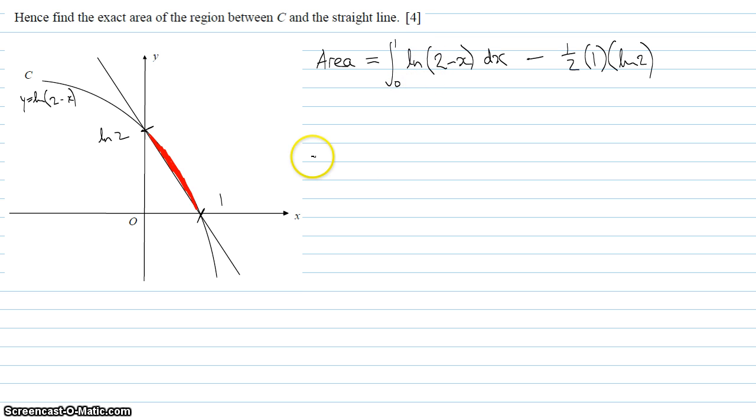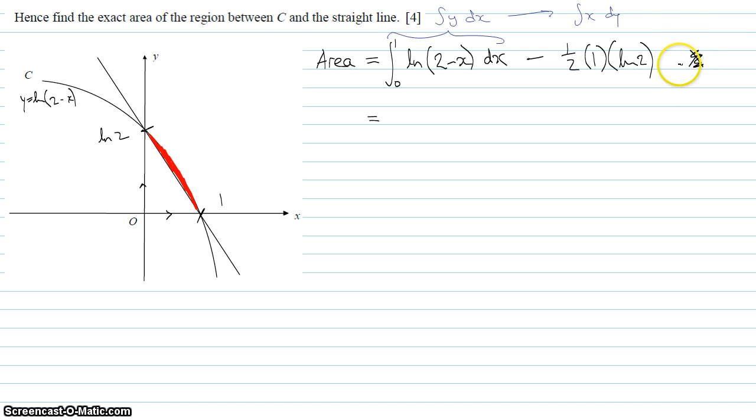So instead of integrating along the x-axis, I'm going to integrate along the y-axis. Remember that this expression is my integral of y dx. If I want to integrate along the y-axis, I need to change this to be the integral of x dy.